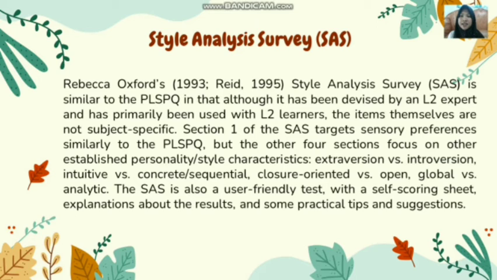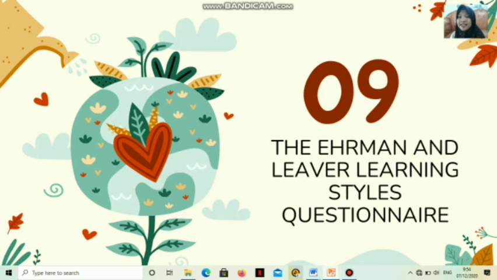Section 1 of the SAS targets sensory preferences similarly to the PLSPQ, but the other 4 sections focus on other established personality or style characteristics: extraversion versus introversion, intuitive versus concrete sequential, closure-oriented versus open, global versus analytic. The SAS is also a user-friendly test with a self-scoring sheet, explanation about the results, and some practical tips and suggestions. Next is the Ehrman and Leaver Learning Styles Questionnaire.